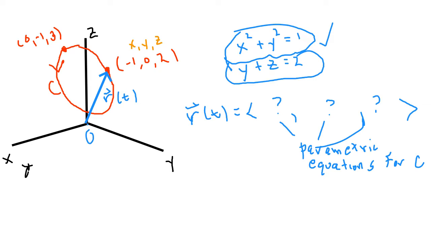So that means x is some function f of t, and y is some function g of t, and we need that x squared plus y squared equals 1 always, for any value of t. So what would work here?